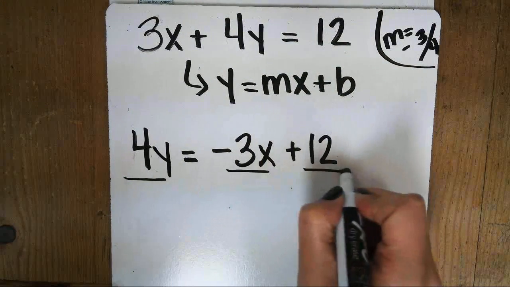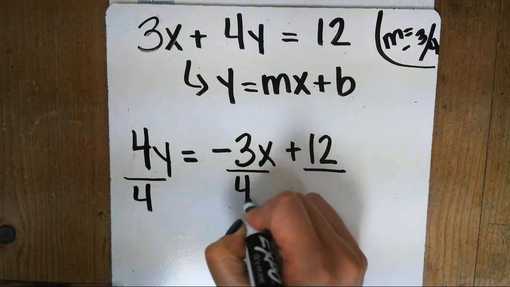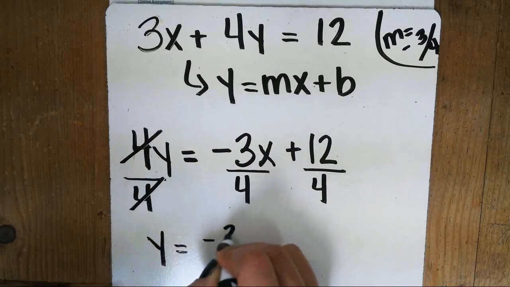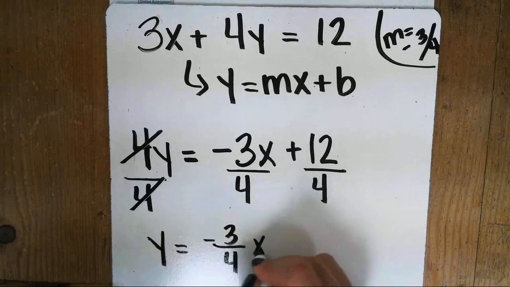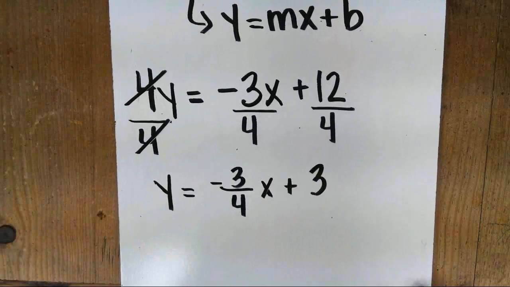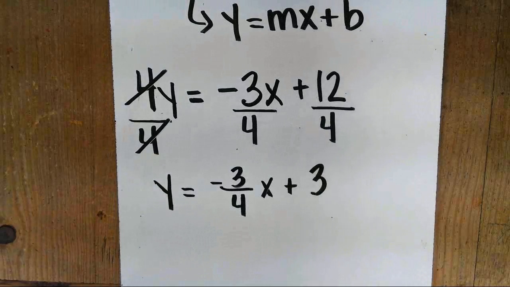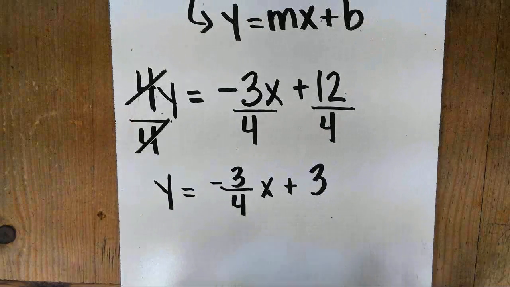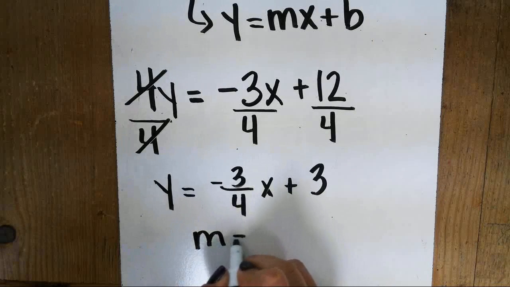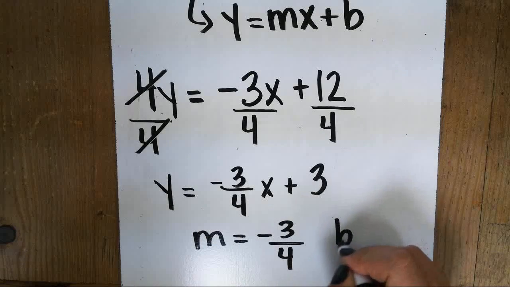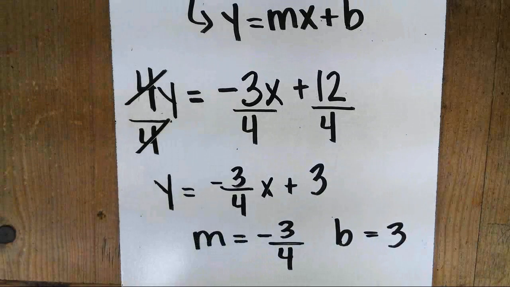If I divide by positive 4 to get that y by itself, I now have y equals negative 3 over 4 x plus 3. And remember that when we solved this the first time, we saw that our y-intercept was positive 3. Okay? So my slope, again, is the exact same thing. And my intercept was also the exact same thing of positive 3.